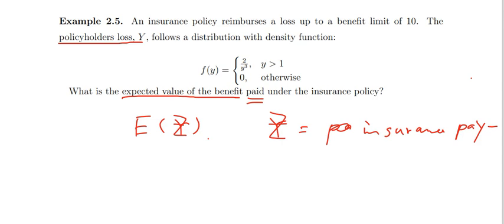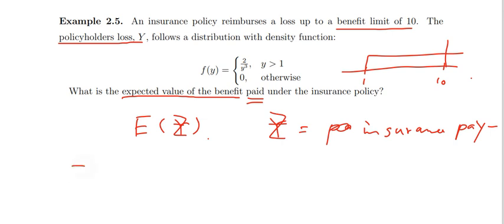So the payment. The loss is from 1 to infinity, but this benefit has a limit of 10. Above 10 they will pay 10. Below 10 they will pay the whole loss.